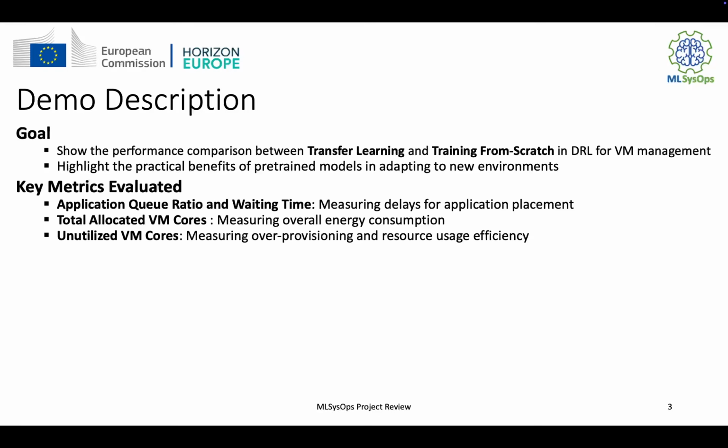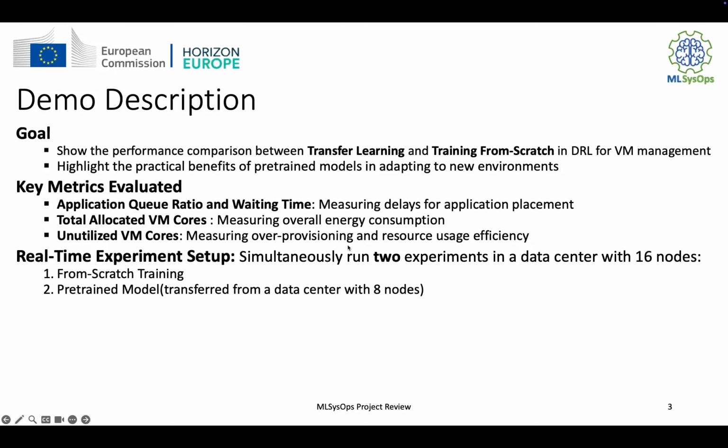This is an approximation to measure the overall energy consumption of the data center. And we also measure the unutilized VM cores. This will give us an approximation of how resource efficient we are, how energy efficient the decisions of the DRL are, and whether we avoid over-provisioning.